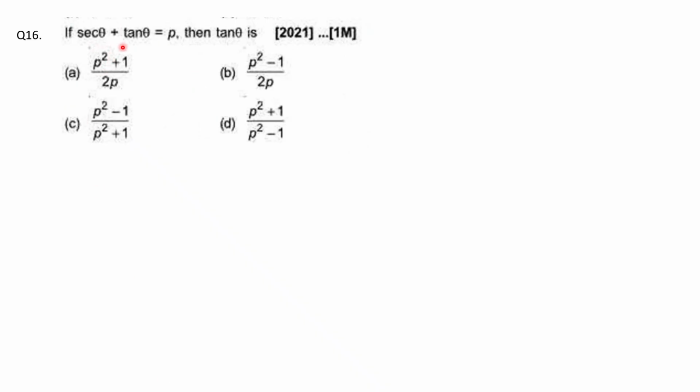Question 16. If sec theta plus tan theta is equal to P, then tan theta is. Now this type of question is easily solved using the identity. So we know that sec square theta minus tan square theta is 1. Now it is in the form of a square minus b square. So we can write it as sec theta plus tan theta into sec theta minus tan theta equal to 1.